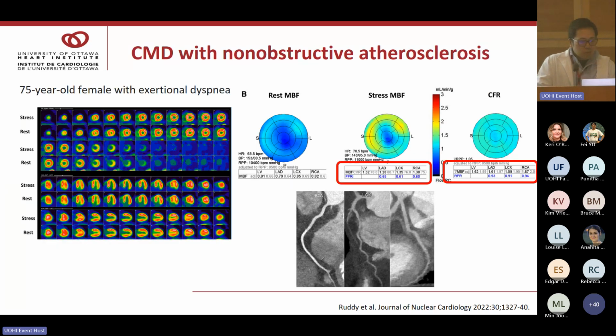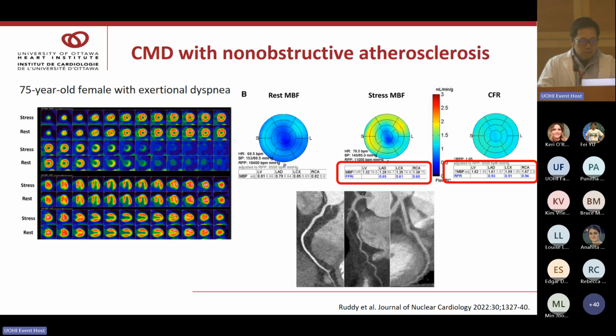So let's look at some case examples. This is a 75-year-old woman with exertional dyspnea. So rest and stress rubidium PET was performed. As you can see here, perfusion images showed normal perfusion at rest and stress, and also the gated images showed normal wall motion.